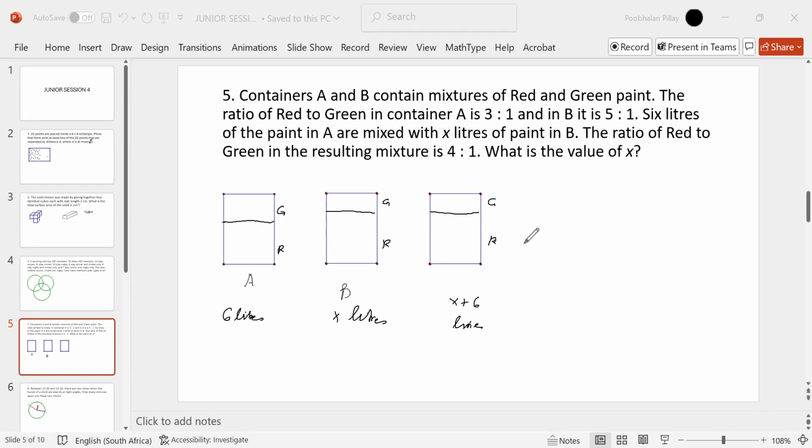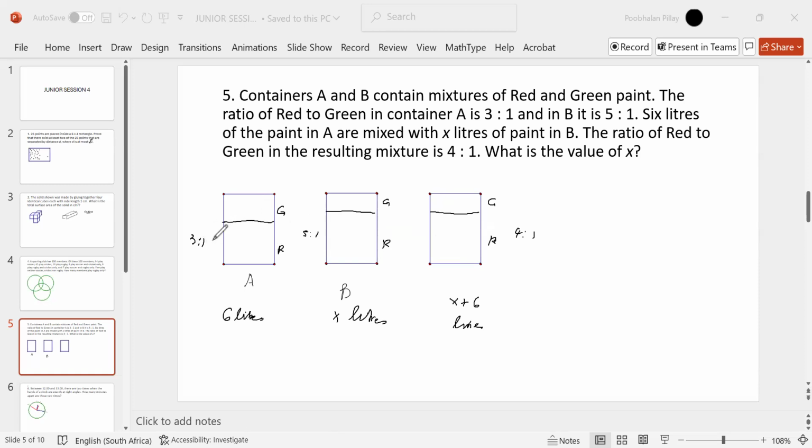Okay. So the ratio here is 4:1. The question is, what is the value of x? All right, now let's see how much red there is here. Here the ratio of red to green is 3:1, and here we had 5:1.